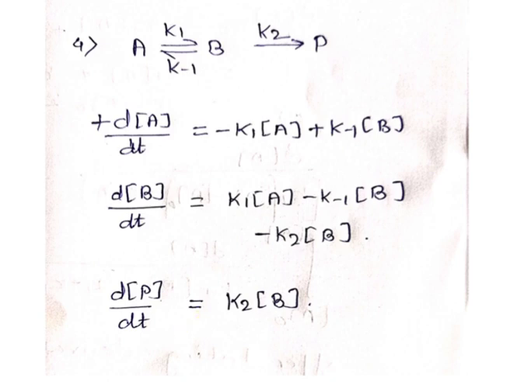Product is formed by rate K2 and the species which decreases is B. So rate is written as dP by dt is equal to K2 into concentration of B.